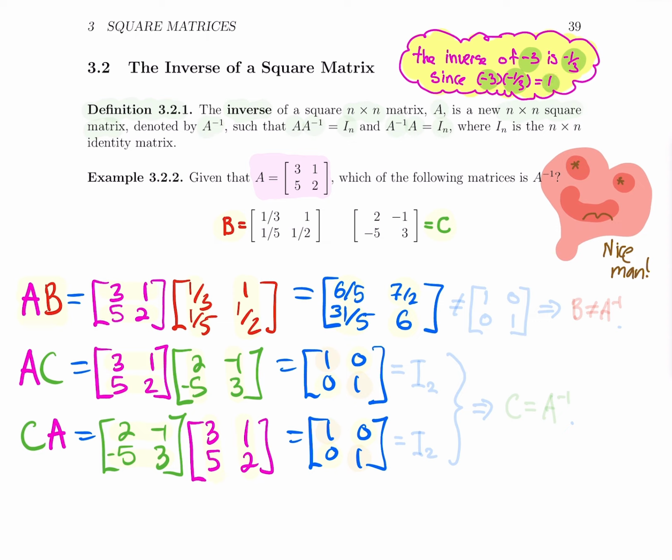And essentially, the definition of the inverse of a square matrix is trying to capture that little property. It's when you're trying to find the inverse of a number. So you want to basically find that idea of dividing by minus 3, which is the same thing as multiplying by minus 1/3.